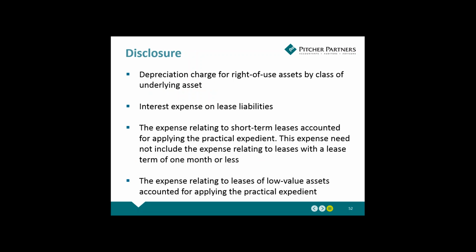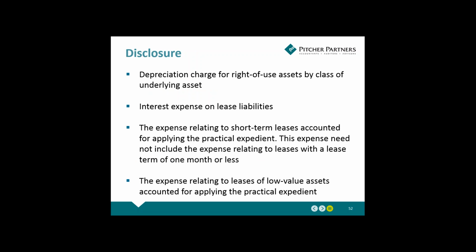Disclosure, a lot of disclosure requirements. You have a depreciation charge for the right of use asset by class of underlying asset, depreciation or amortization charge. You have an interest expense on your lease liabilities. You have to disclose the expense relating to short-term leases, which you've accounted for by applying the practical expedient.